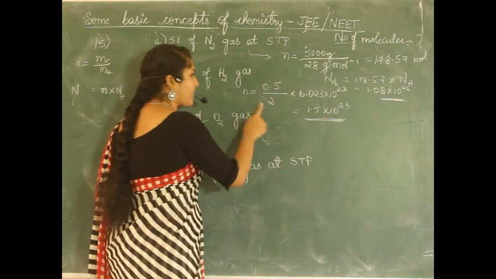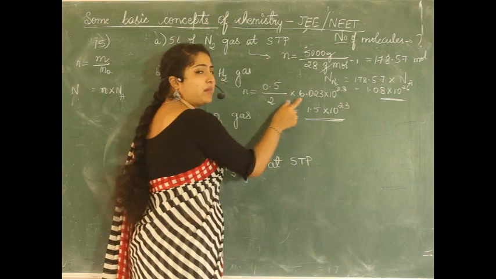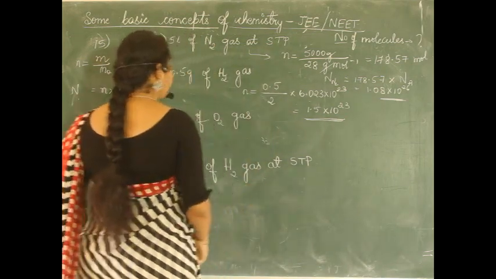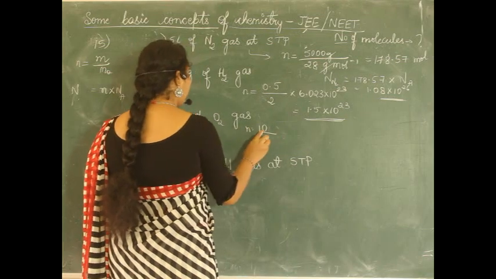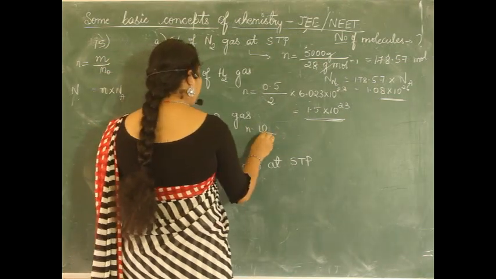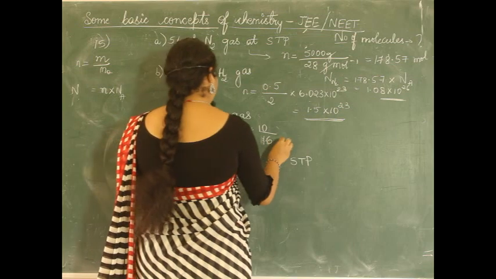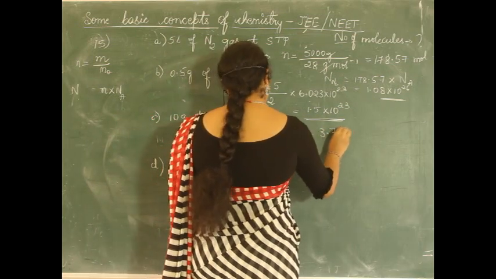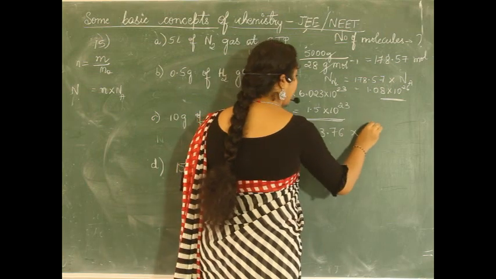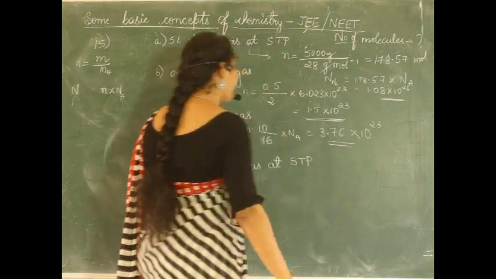Otherwise, first you will have to calculate number of moles, then the answer multiplied by Avogadro's number. Same. Next is N is equal to given mass 10, oxygen is 16 into Avogadro's number. Answer is 3.76 into 10 to the power 23.